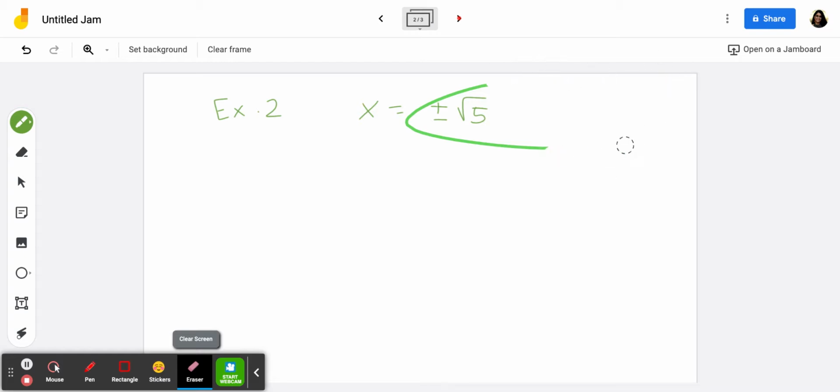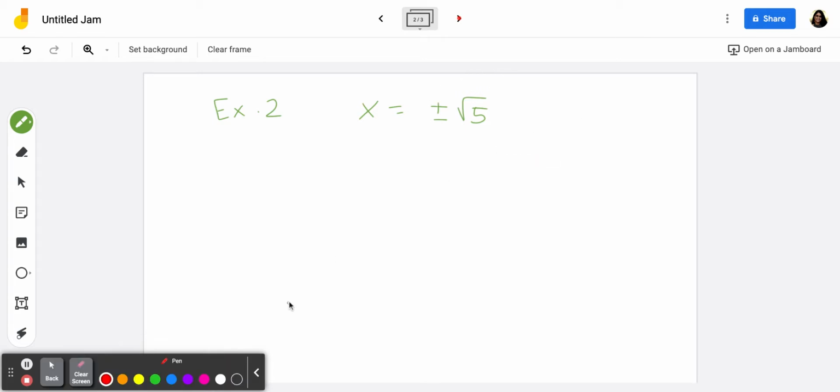Okay, so this time x equals plus or minus square root of 5. So really, it does kind of work the same way. We've got to think about how we can get parentheses from here. Well, think about that first example I did.